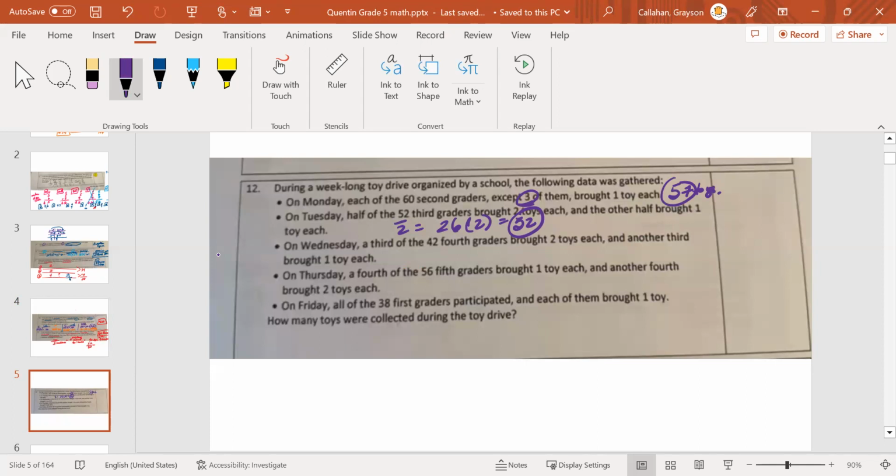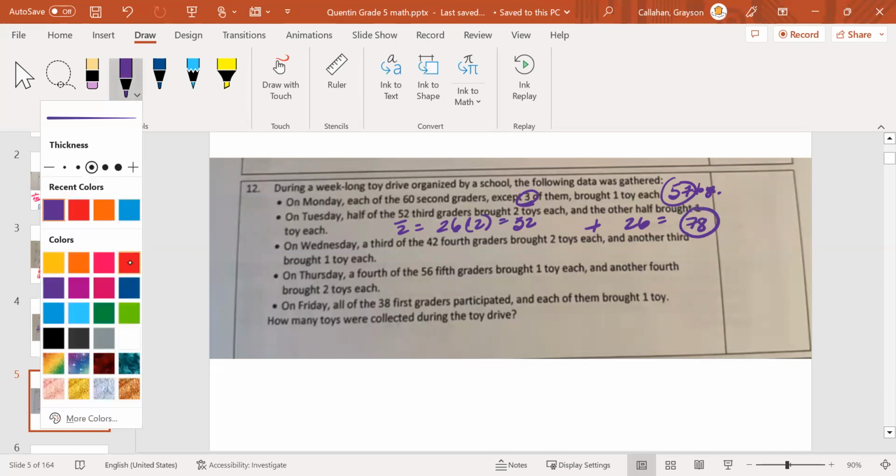So what's 26 times 2? 52 toys. And the other half is also 26, right? The other 26 bought 1. So what's 52 plus 26? Yep. So they bought 78 toys altogether.